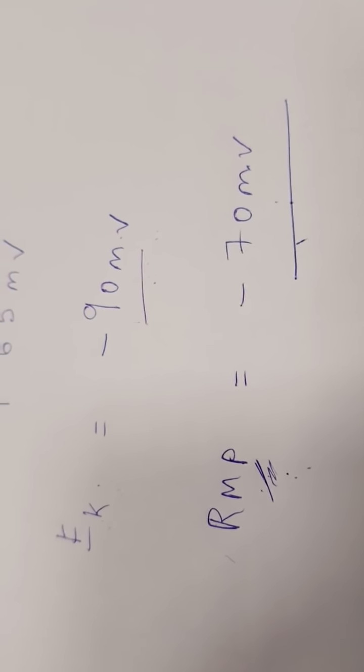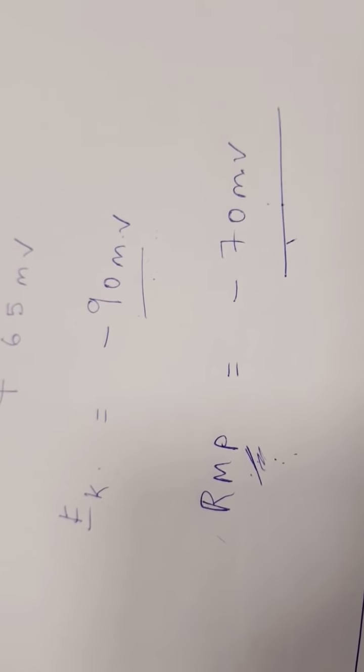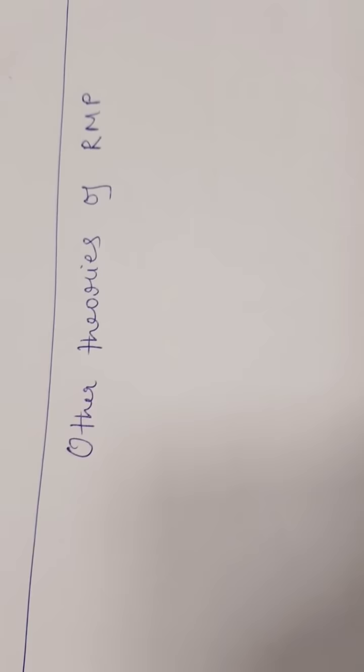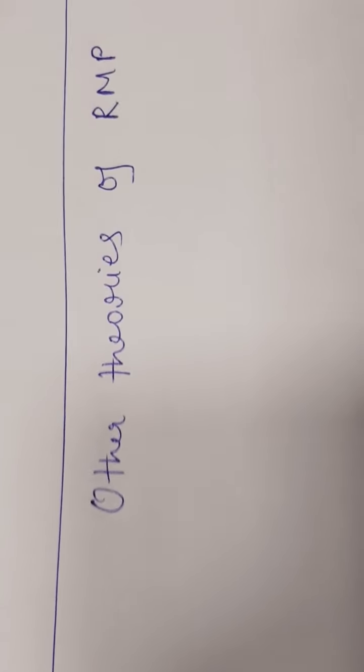So by the Nernst equation the RMP should have been equal to the equilibrium potential of potassium. So we can say that the membrane is not only permeable to potassium, there can be other contributions also. If the membrane was only permeable to potassium, the RMP should have been minus 90 millivolt.